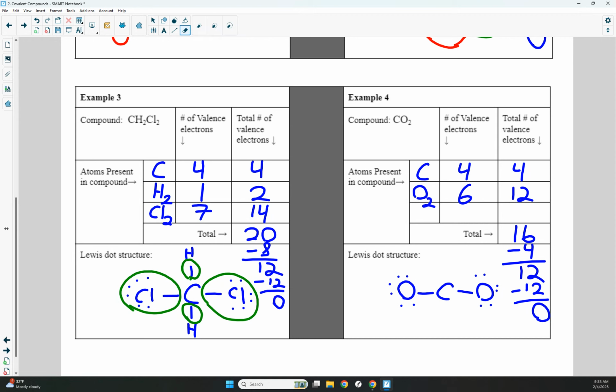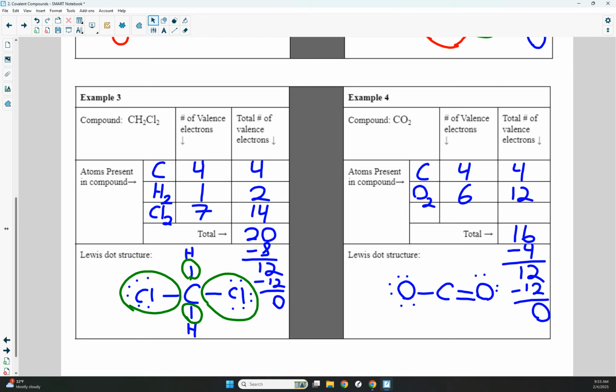Remember, that's what you do when you run out of electrons and you still have unhappy atoms. You have to share more. So I'm going to, first of all, move those unshared electrons over here. And then I'm going to add things up. So now my oxygens are still both happy, but the carbon still is unhappy. It only has 6 electrons around it.